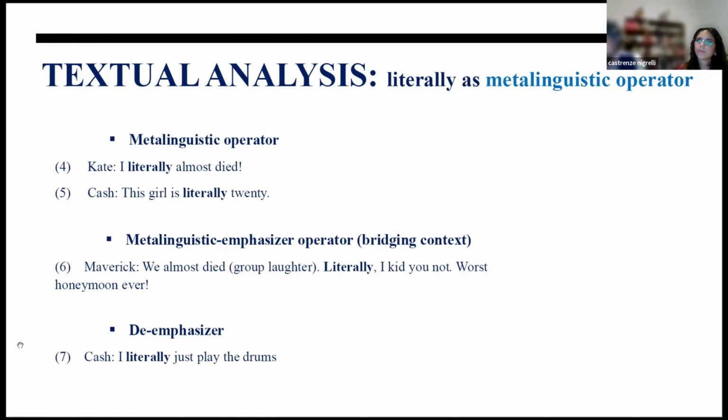The emphasis conveyed by literally in "I kid you not" in example 6 provides clarification on this point. While still disambiguating any potential hyperbolic reading, literally also functions as a reinforcer, roughly paraphrasable as really or I assure you that, thus signaling the speaker's subjective commitment towards the utterance. We almost died.